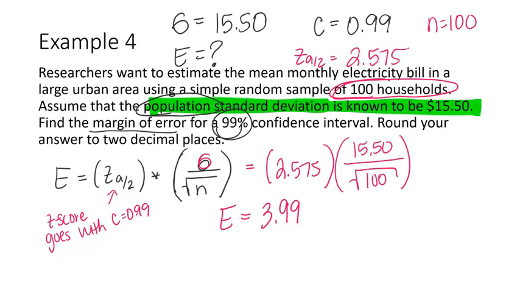What this would let me do then is, if I knew my sample mean, I could add my 399 to find the top side of this value. I could subtract my 399 to find the bottom side of this value.